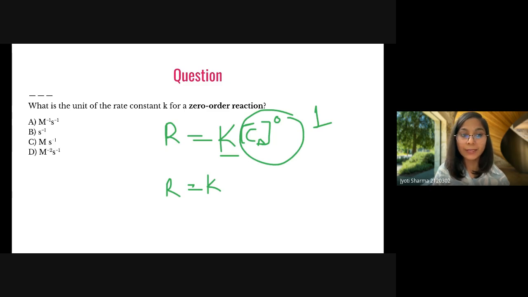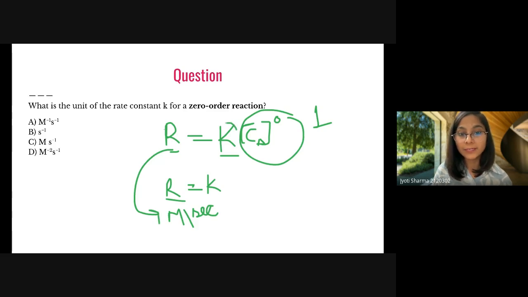And you know that this rate is nothing but molarity upon second, right? So what should be the answer of this? This is fixed. The rate of reaction is fixed. The unit for rate of reaction will be molarity per second, right?